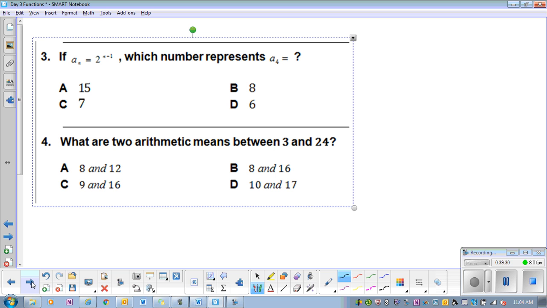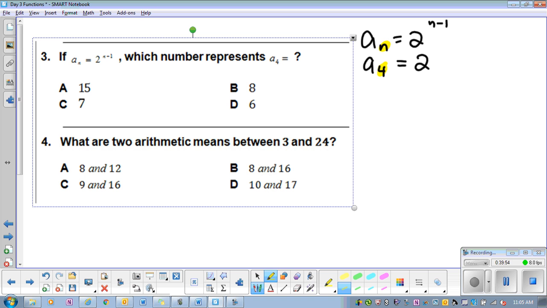So look at number 3. If a sub n equals 2 to the n minus 1, which number represents a sub 4? Well, look, you have a sub n equals 2 to the n minus 1, then a sub 4 equals 2 to the what? Isn't this n that 4? To the fourth.